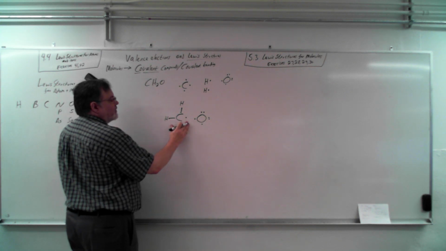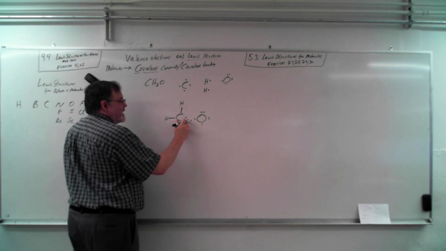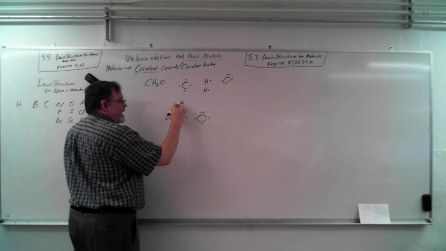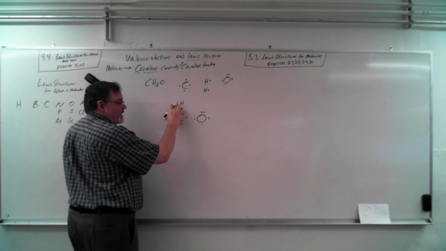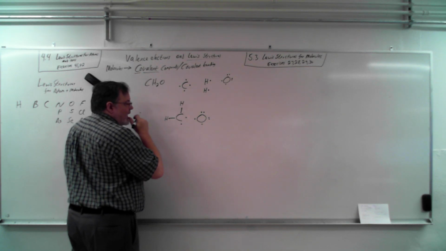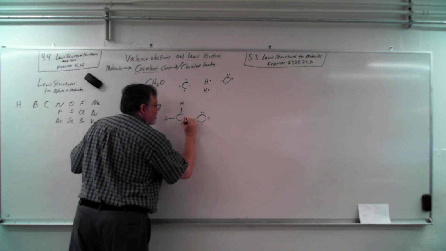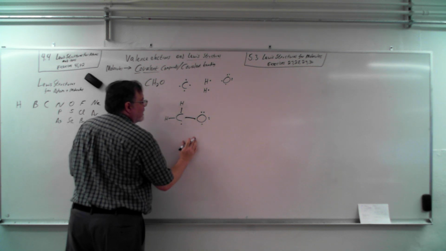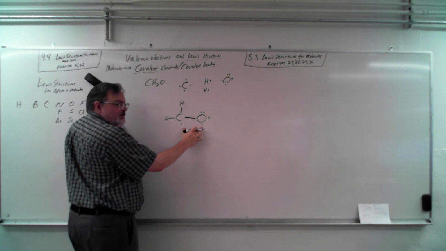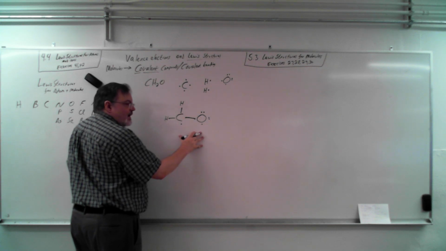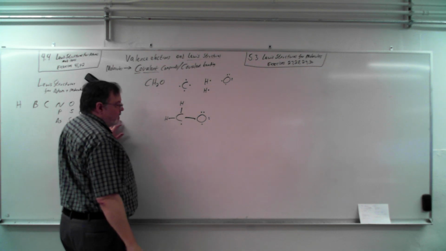So carbon has gone from having 4 electrons to now having 6 around it. Hydrogen doesn't follow the octet rule. I'll come back to that. And then I can definitely make a bond there. But these need to be paired too. For you to have a molecule, you have to have all the electrons paired.